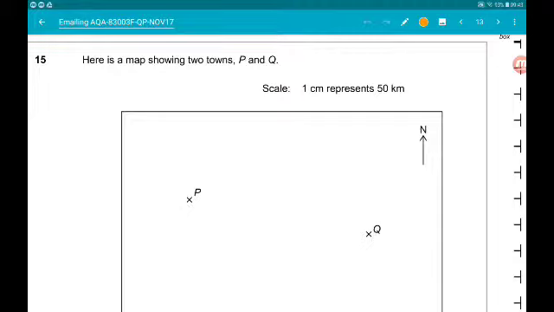In number 15, we have a map showing two towns, P and Q. Now we got a scale. 1 centimetre represents 50 kilometres in real life.